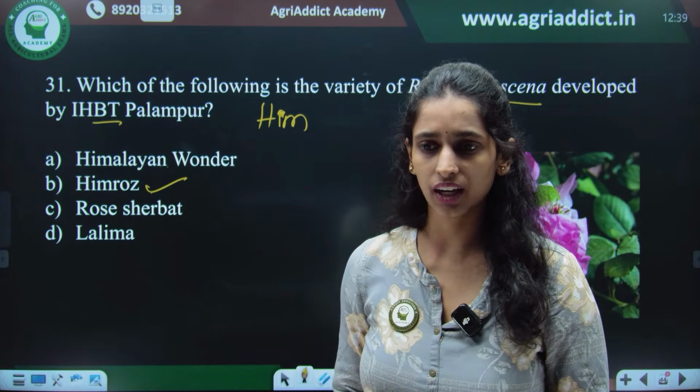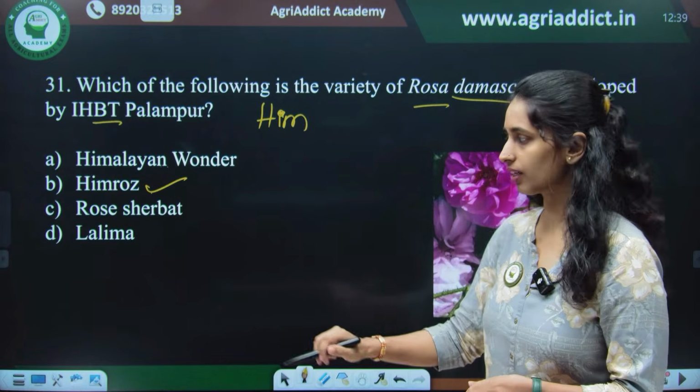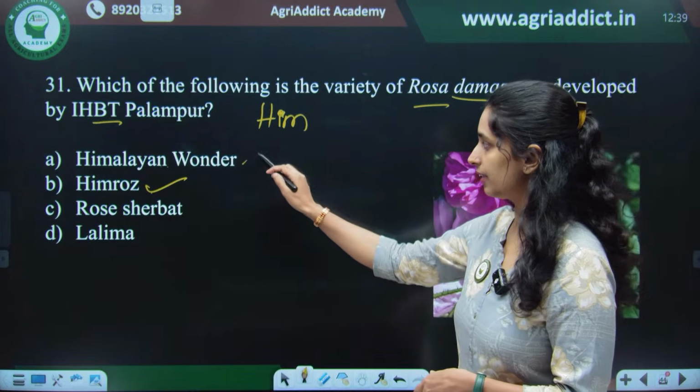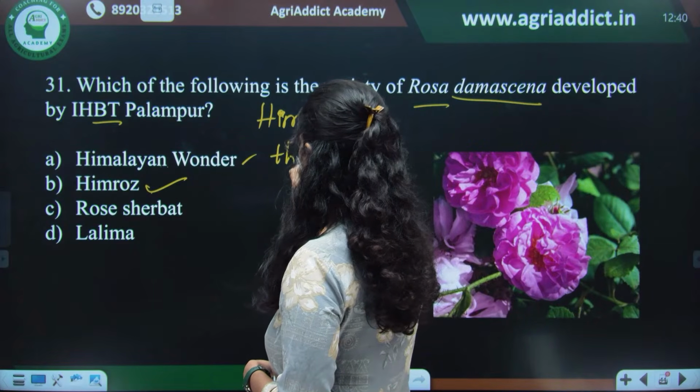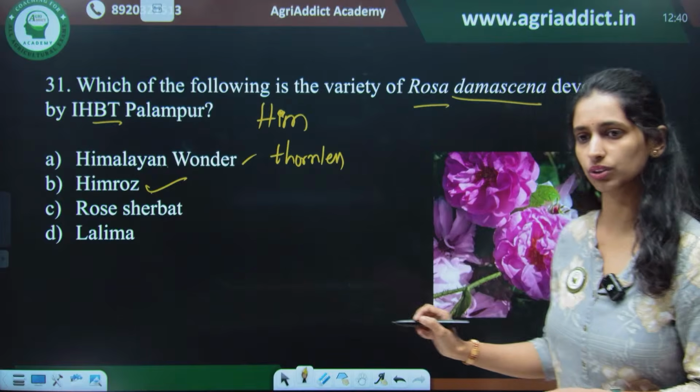As Varshika is giving the right answer, that is Him Rose. And Himalayan Wonder is a thornless variety of the rose.